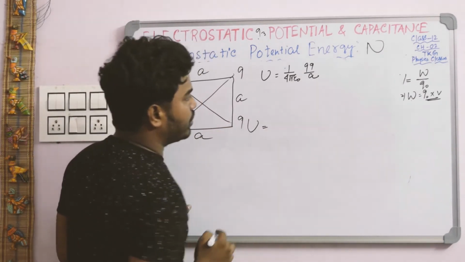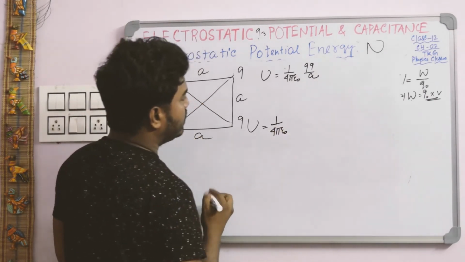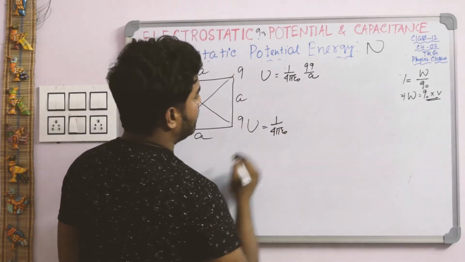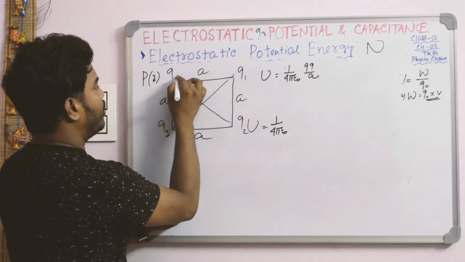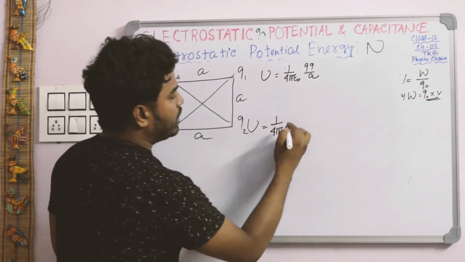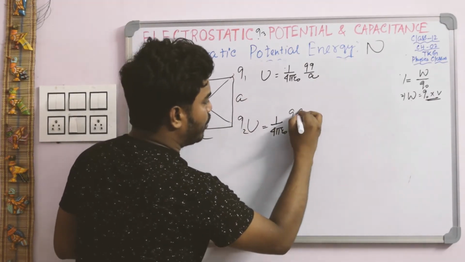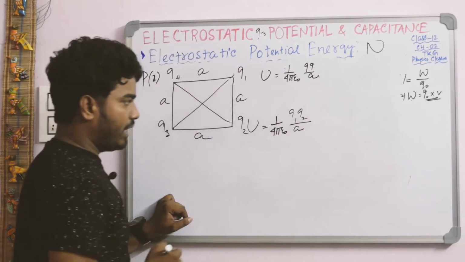That is U equal to 1 by 4 pi epsilon naught, for this part, okay, write it down, Q1, Q2, Q3, Q4. For Q1 and Q2, there is 1 by 4 pi epsilon naught Q1 Q2 by A. Clear?